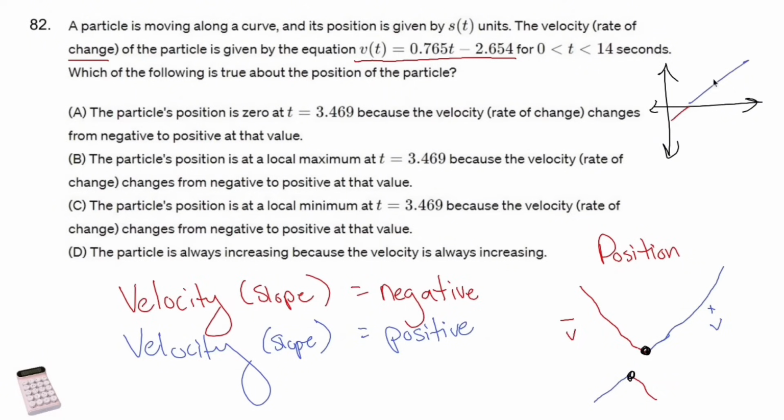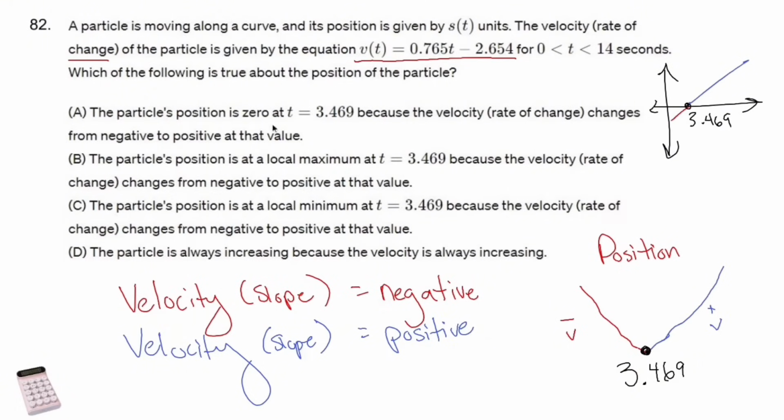So that tells us we have something that looks like this, so I can get rid of you because you're no longer a viable option. We have a position where this particle is like traveling down some type of roller coaster, hits the very bottom at time 3.469, and then goes back up again. So this is a local minimum at 3.469.